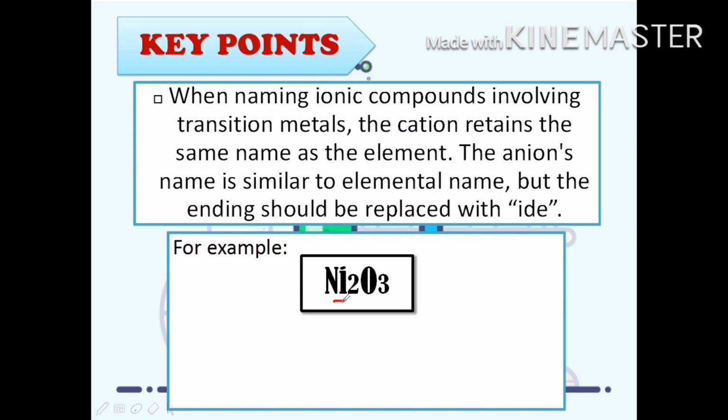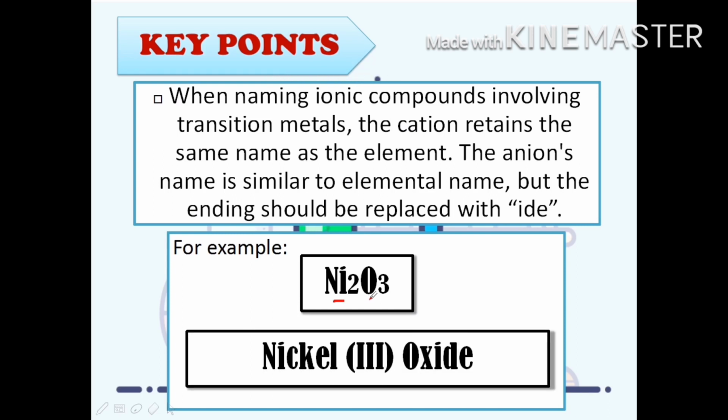And to name this compound, Ni will still be nickel. And O is our anion, and O is the chemical symbol of the element oxygen. And what do we need to do? We have to replace the ending with the letters IDE. O will become oxide. So the correct name of this compound Ni2O3 is nickel 3 oxide.